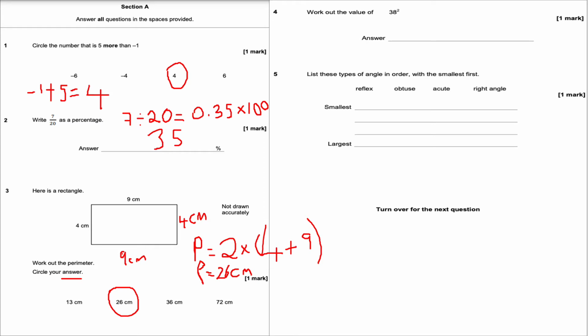Question number 4, guys. Work out the value of 38 to the power of 2. 38 to the power of 2 means 38 times 38. So 38 squared just means 38 times 38. Working this out on my calculator, I'm just getting my calculator up, sorry.